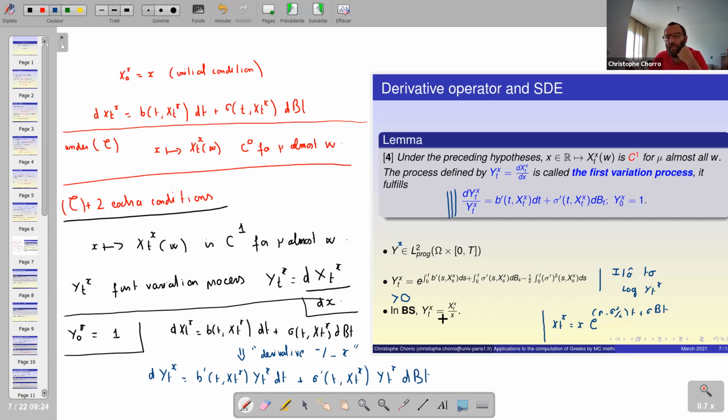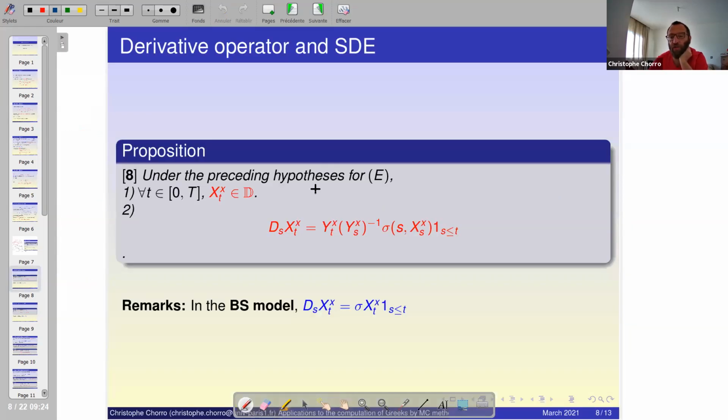And in this way, using this first variation process that is related to the dependence of my solution on the initial condition, we are going to be able to set the following result. It tells me that under the set of the previous conditions on the coefficients of the equation capital E, for any t belonging to 0 capital T, X_t of small x belongs to the domain of the derivative operator in the Malliavin sense.